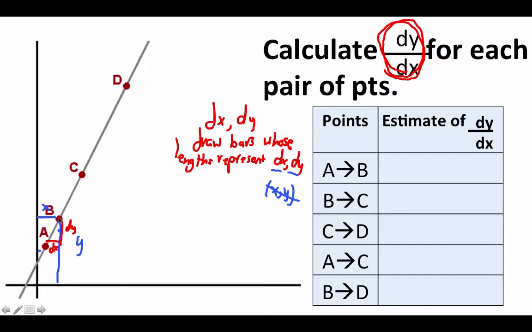And so if we look at dx and dy, we say, oh, dy is about twice as big as dx when you go from A to B. What about when we go from B to C? Change in x, change in y. Well, change in y is about 2 times as much as change in x.